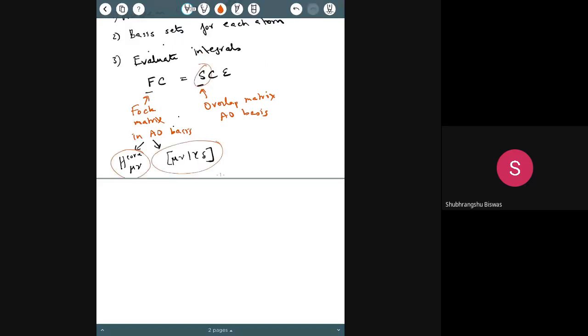Now you see the S and the H core mu nu, these are two index quantities. And this Mulliken integral, that is a 4 index quantity.